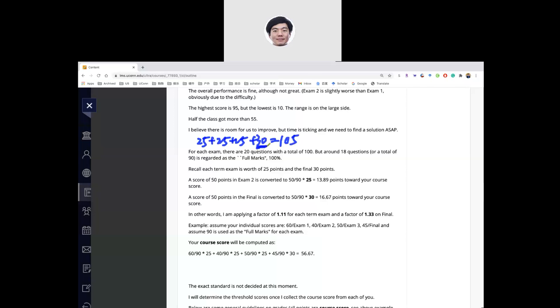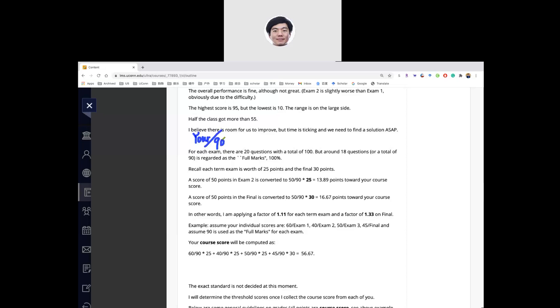So in order to get the score for each exam, what you do is use your score divided by the total. Total usually is not 80, it's 90.